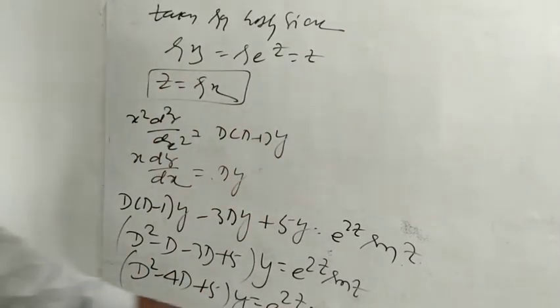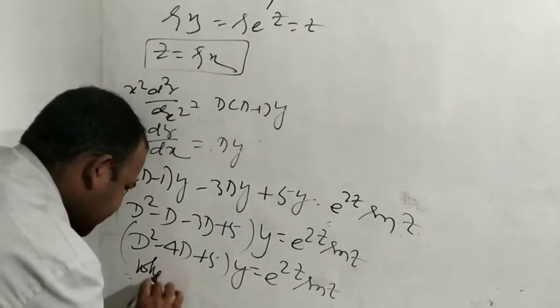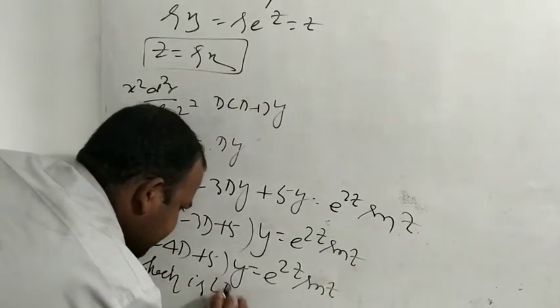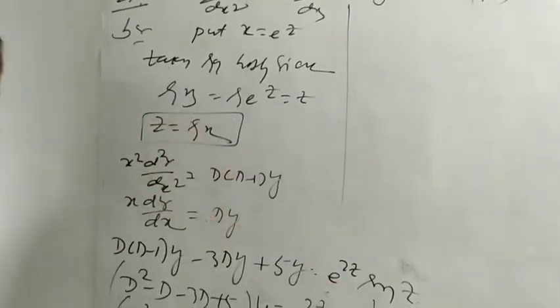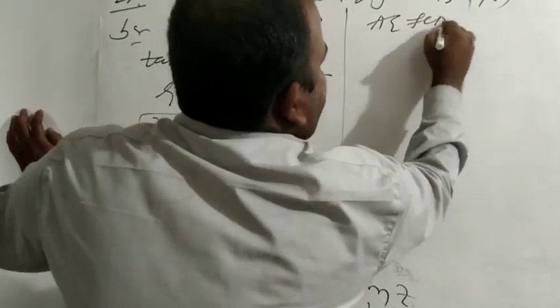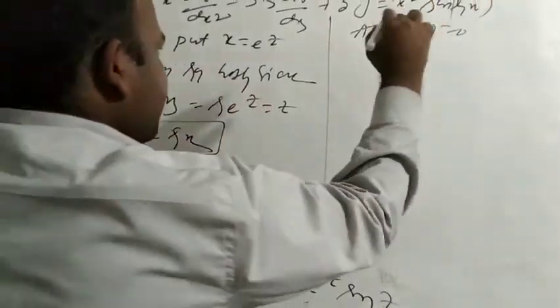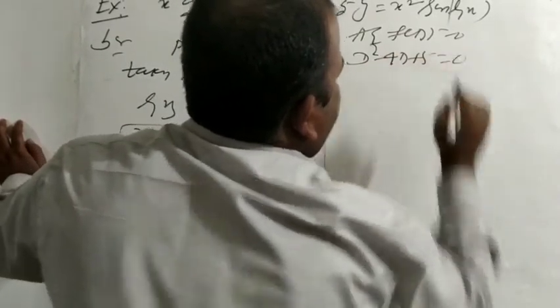Now it is converted into the form of a linear differential equation. Now you will find CF and PI. So this is the auxiliary equation, f of d equals 0, d square minus 4d plus 5 equals 0.